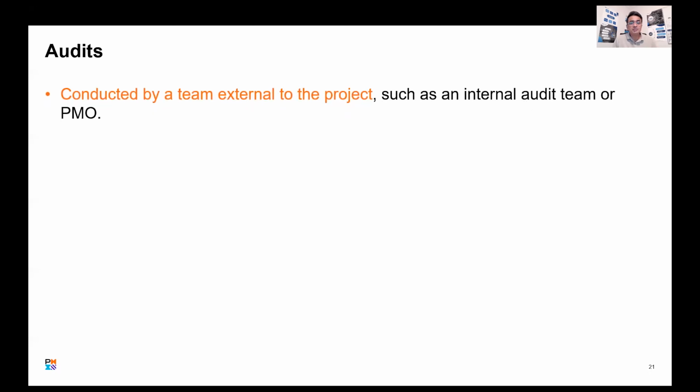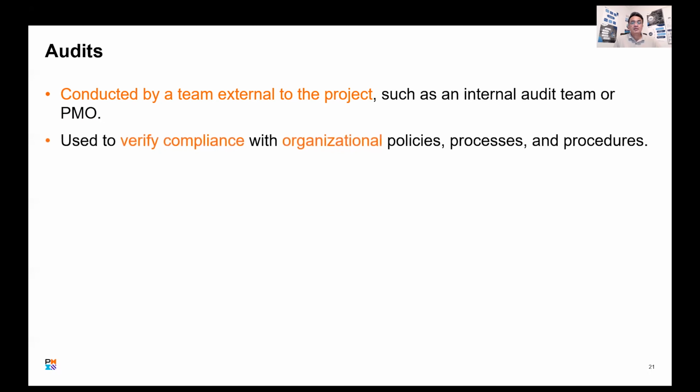One of the most important things is that an audit is conducted by a team external to the project, not to the organization, external to the project. So remember that, this is very key. Project audits are done by a team external to the project, because they come and give you an outside view. Okay.